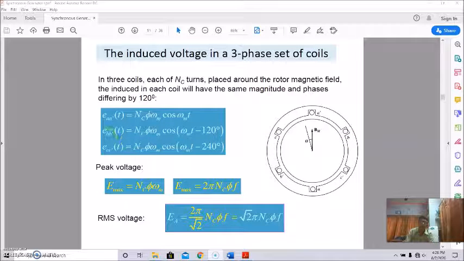The EMF induced in coil A or A dash is equal to NC phi omega m cos omega m t.